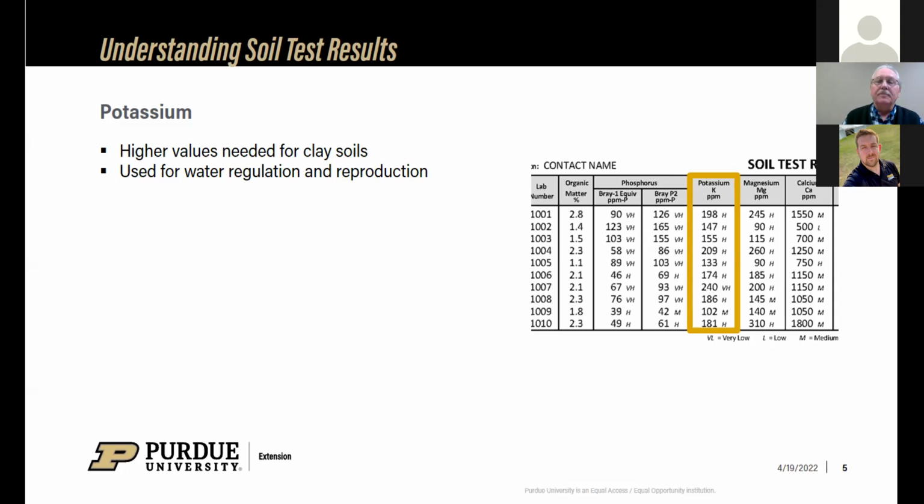So if you're growing leafy greens, you may not necessarily need as much potassium, because you're not getting them to a reproductive stage. But if you're growing things like tomatoes, squash, corn, soybeans, things that are going to be reproducing and you're trying to get that seed or that fruit, then potassium becomes more of a concern because we're wanting to promote reproduction within the plant.